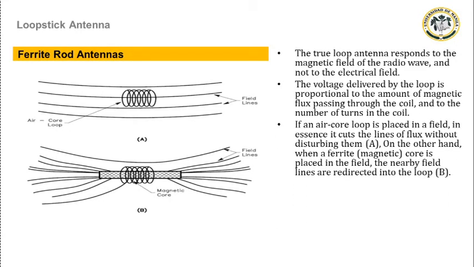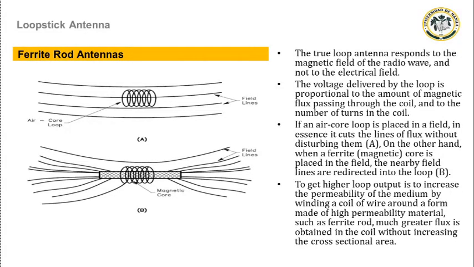If an air core loop is placed in a field, in essence, it cuts the lines of flux without disturbing them, as in A. On the other hand, when a ferrite magnetic core is placed in a field, the nearby field lines are redirected into the loop, as in B.